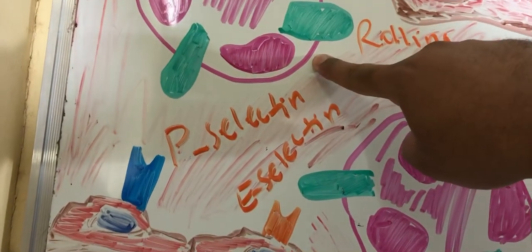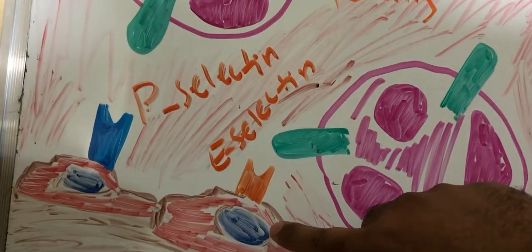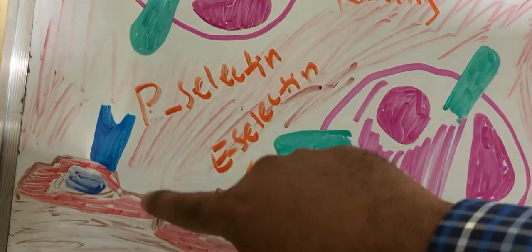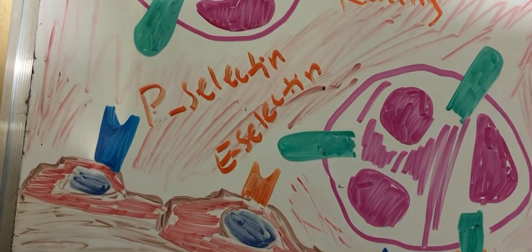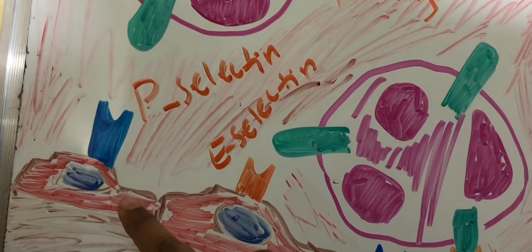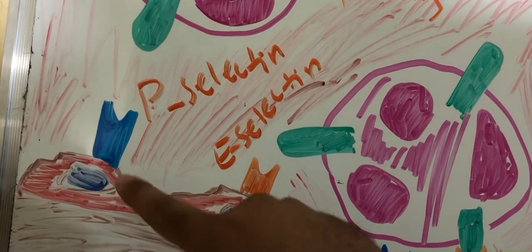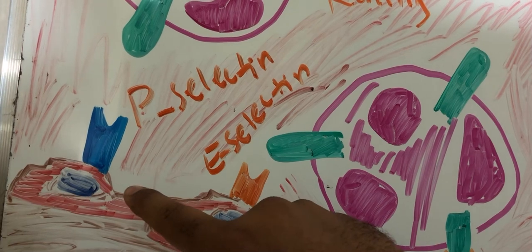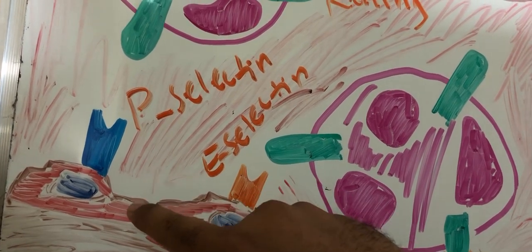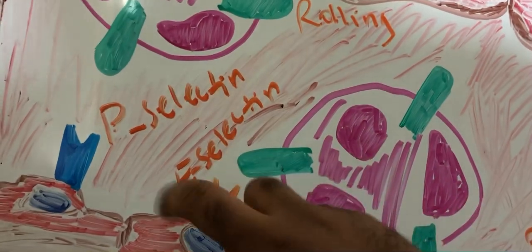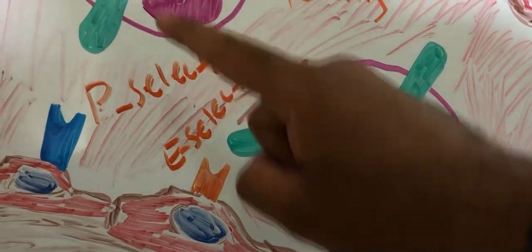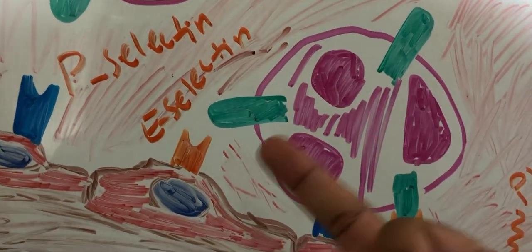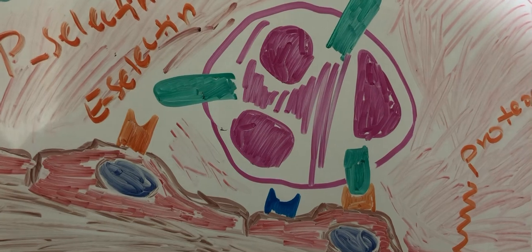It has ligands detectable by endothelium receptors, and it has receptors that detect ligands on the endothelium, while the endothelium also has both. The endothelium has receptors that detect ligands on the neutrophil, and the endothelium also has ligands that are detected by receptors on the leukocyte. So you can see how the rolling happens. One time the ligand binds the receptor, the next time the receptor binds the ligand. The ligand binds receptor, receptor binds ligand.